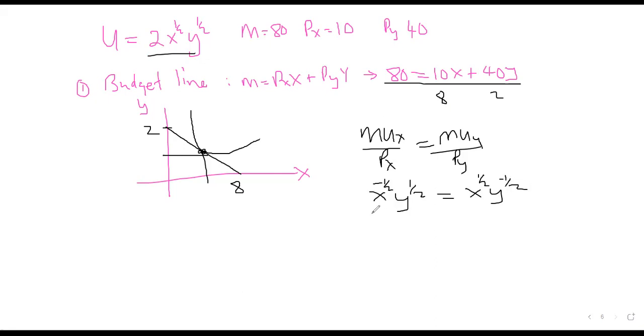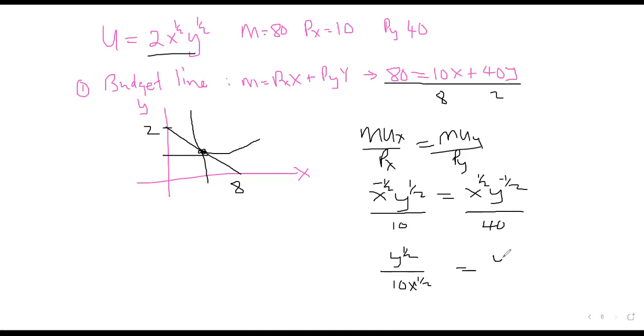On the Y. Yeah. The price of good X was what? 10. The price of good Y was what? 40. According to indices, the letter with the negative will go down. Which letter goes down in this case? X.